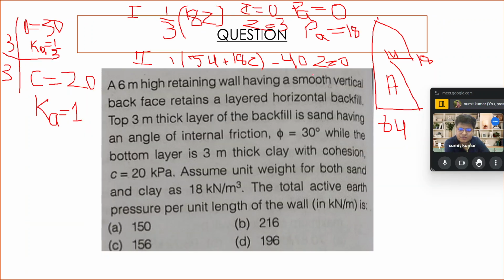I think somewhere I am going wrong. 54 minus 2c root k. No, incorrect. 64 plus 14. Okay, I will calculate by myself. I need a calculator. Give me a minute.